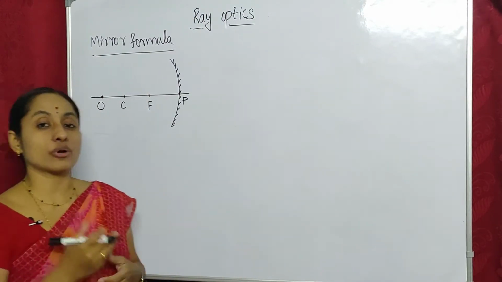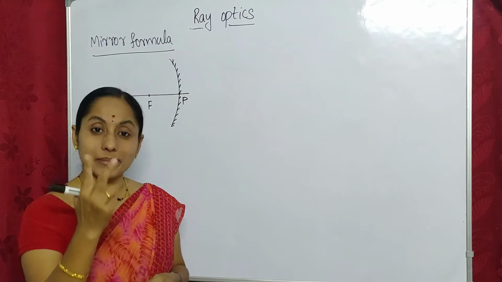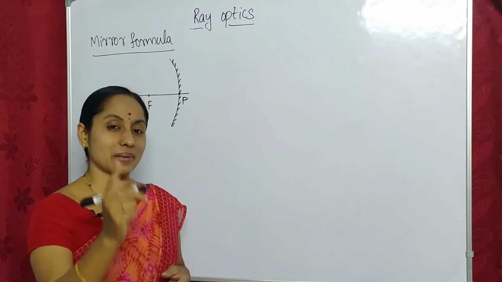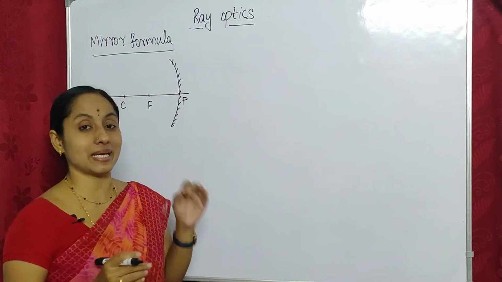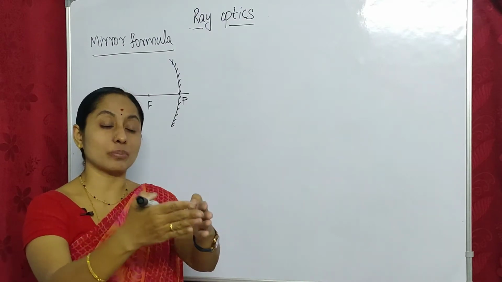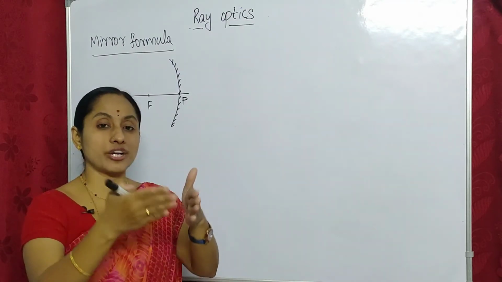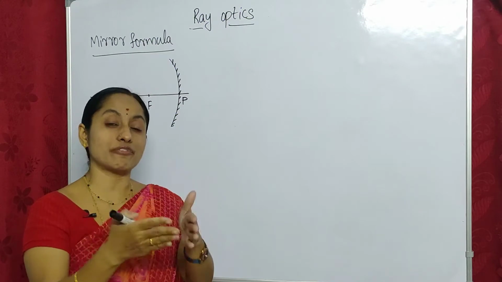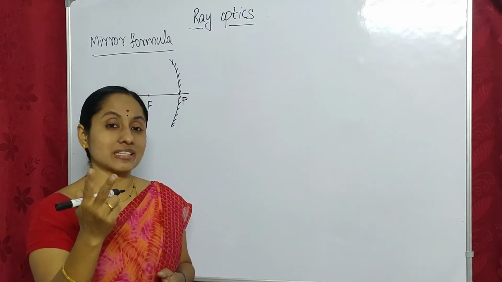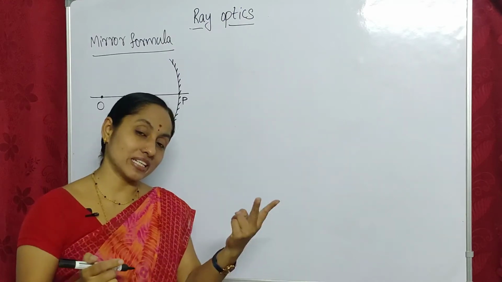To locate the image we need a minimum of 2 incident rays, because I already told you in my previous lectures, to locate an image we need two reflected light rays to intersect. At the point of intersection of the 2 reflected rays, the image can be located. For 2 reflected rays we need 2 incident rays.